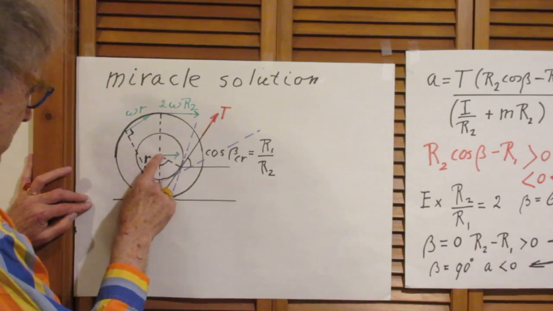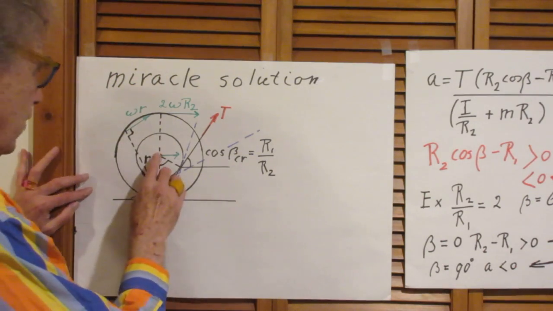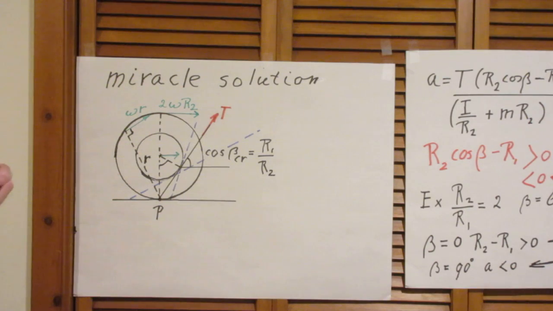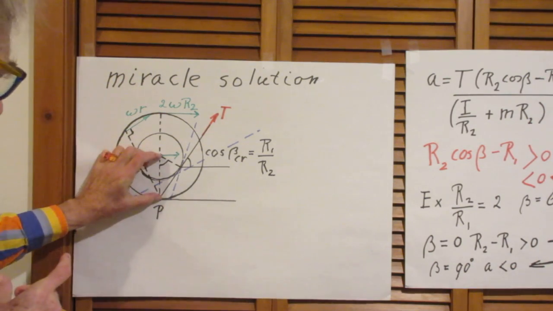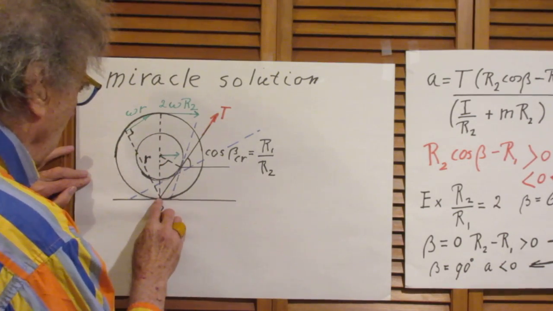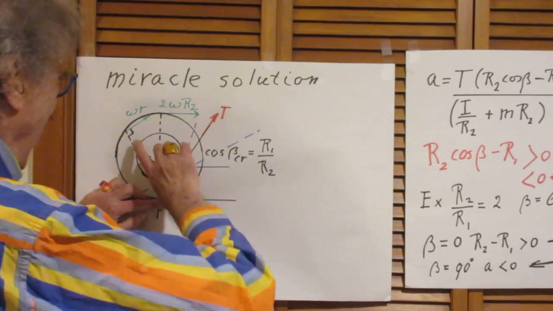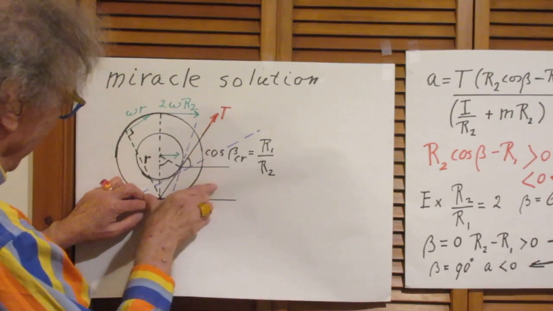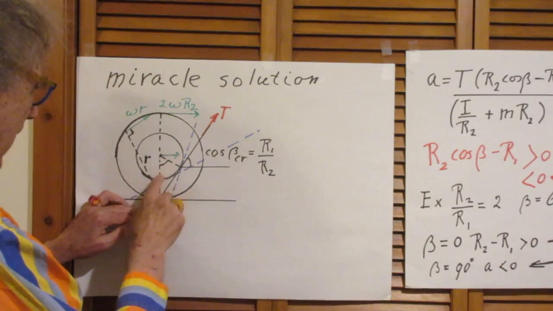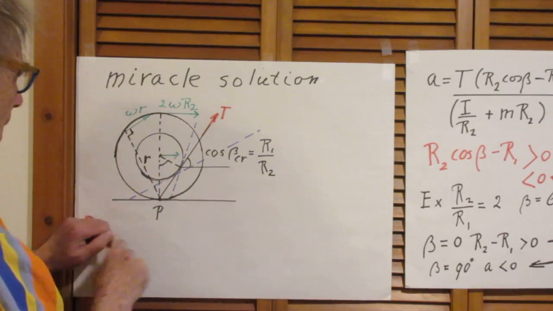Use the center of mass. In pure roll, we know that the center of mass has a velocity omega r2, and this is r2. So if we use P as the origin of rotation, and the whole thing rotates with angular velocity omega, then this velocity is this r2 times omega, which indeed is omega r2.